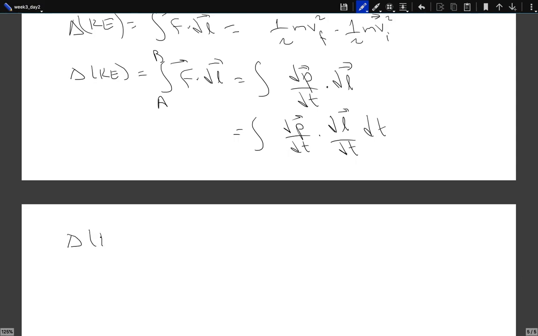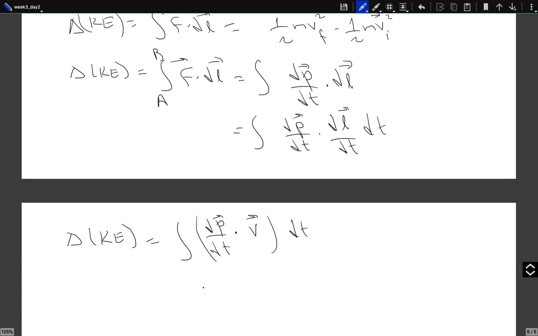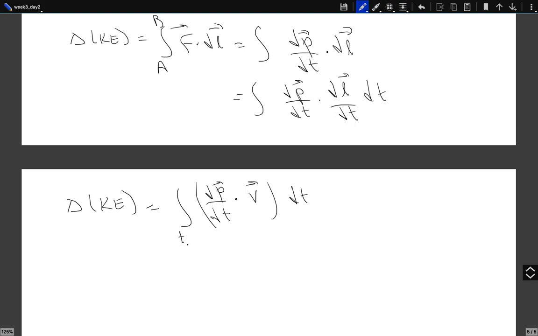So the change in the kinetic energy of the object is dp by dt times v times dt, or if you also like, from t initial to t final. So how would you like to proceed to evaluate this integral?